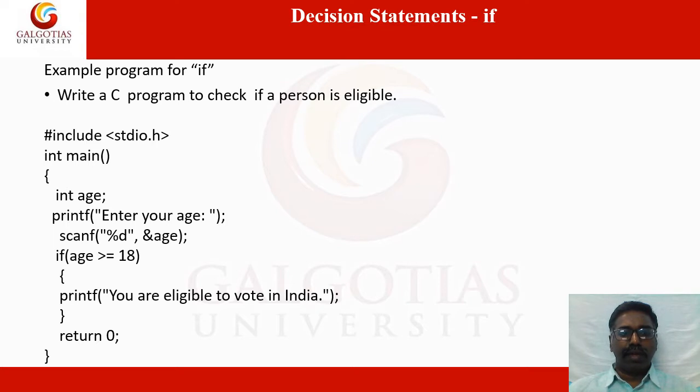So I declare an integer variable called age, and then I ask the user to enter the age, and using the scanf function I am going to scan the value, that means get the value. And using an if statement, if age is greater than or equal to 18, I am going to display you are eligible to vote in India. That's all. We can verify it by means of the input and output given here.